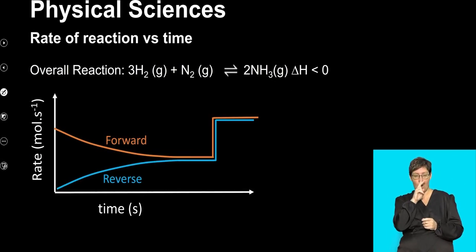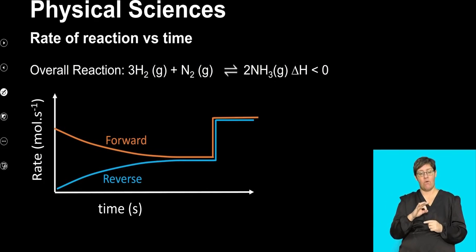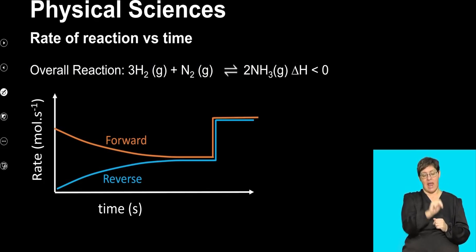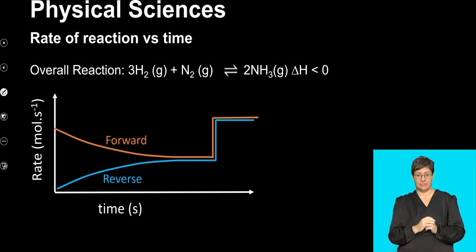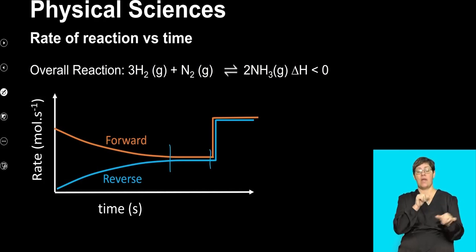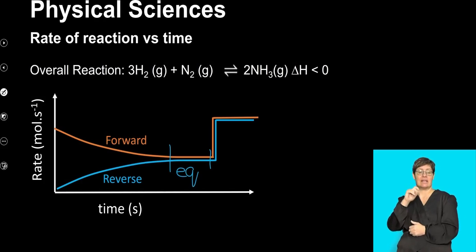When we look at the rate of reaction for nitrogen, hydrogen, and the producing of ammonia, we can see that the system goes into chemical equilibrium, and when it's in equilibrium, it's being disturbed by a catalyst.